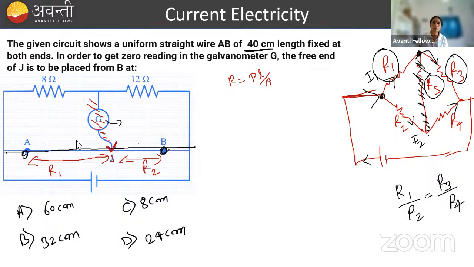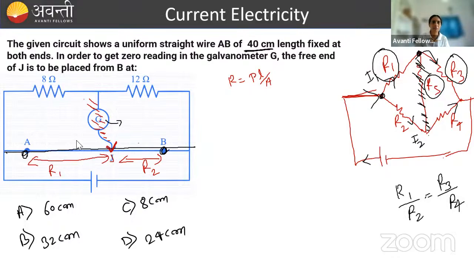Okay. So now let's come back to the question. The given circuit shows a uniform straight wire AB of 40 centimeter length fixed at both ends. In order to get zero reading in the galvanometer, we are getting zero reading, meaning the balanced Wheatstone bridge case.